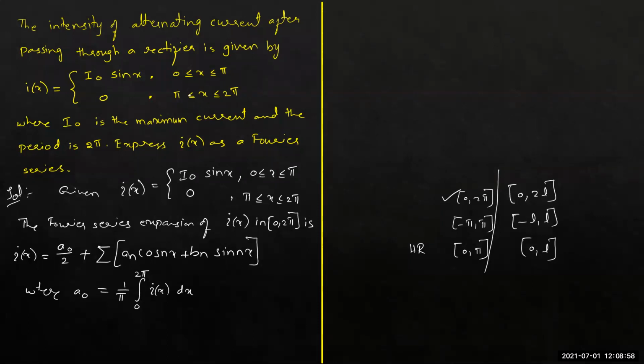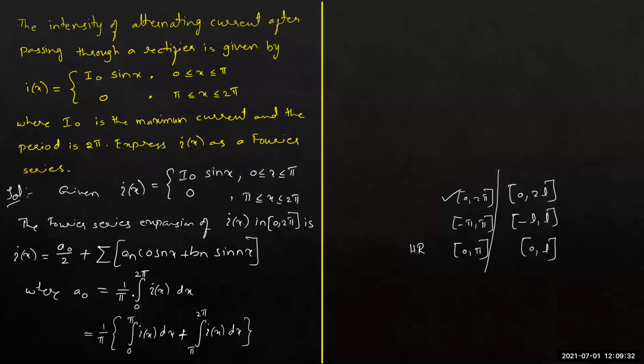It is not a discontinuous function, because the value at pi is the same, but the function has a break at pi, right? At pi there is a break. So we need to split this integral into two different integrals. I mean, we will write it like this: 1 by pi into integration from 0 to pi I of x dx plus integration from pi to 2 pi I of x dx.